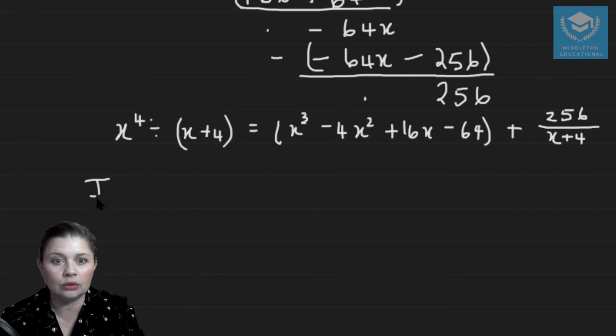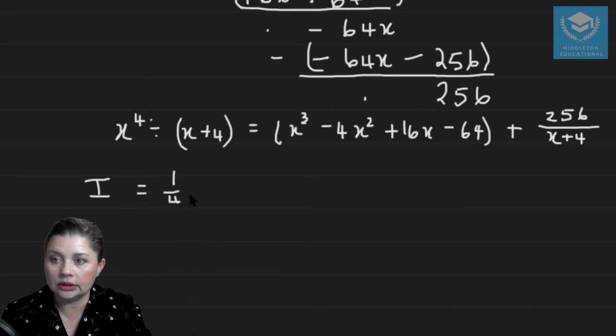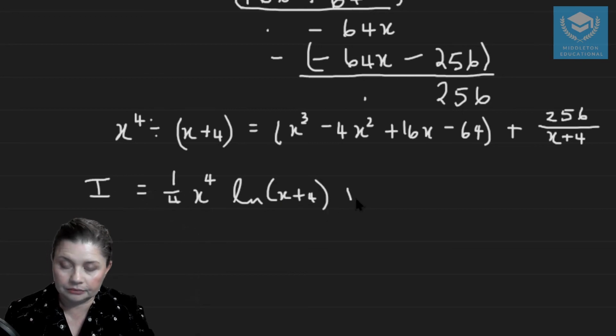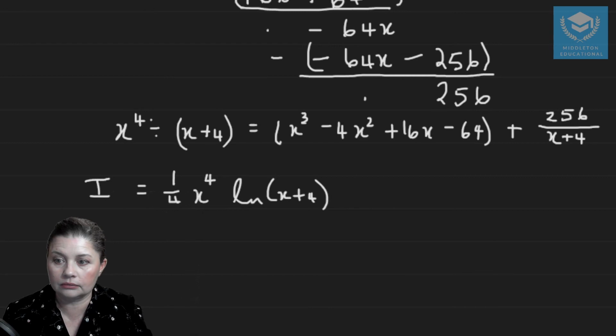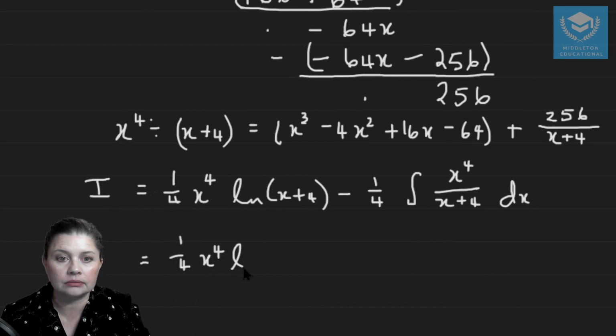So you recall we had found that our integral is going to look like a quarter x ln x plus 4 minus 1 over 4 integral of x to the 4 over x plus 4 dx. So we've changed the form of this part so that it would look like this.